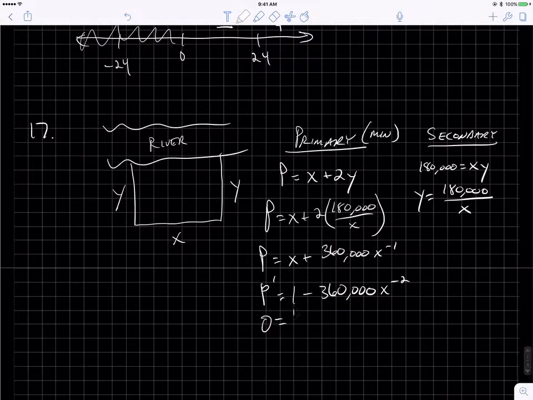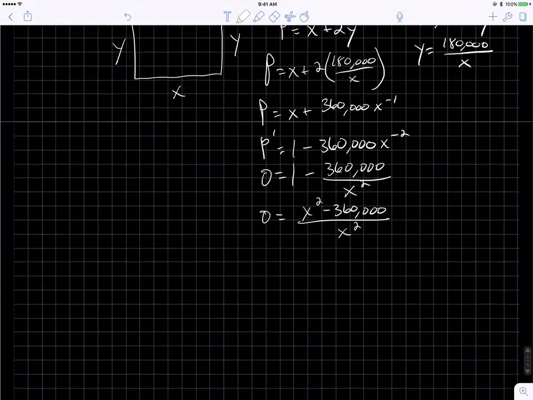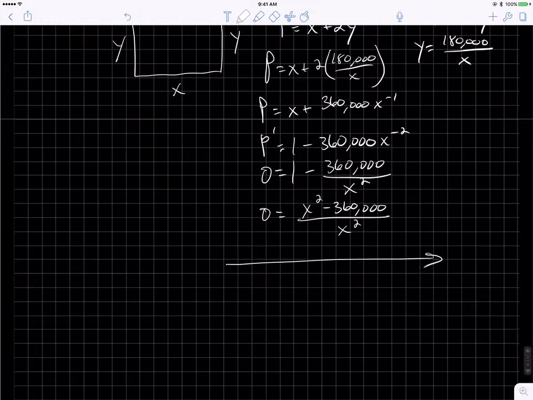I set it equal to 0 to find those critical numbers. I get my common denominator. My critical numbers are what make the top and the bottom 0. So that's 0 on the bottom, and the square root of 360,000. That's negative 600 and positive 600.